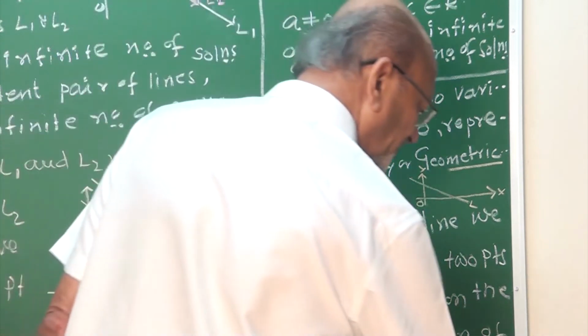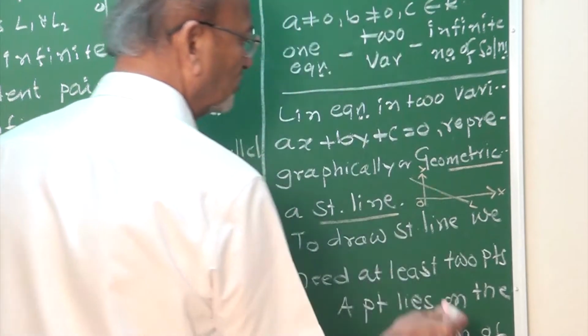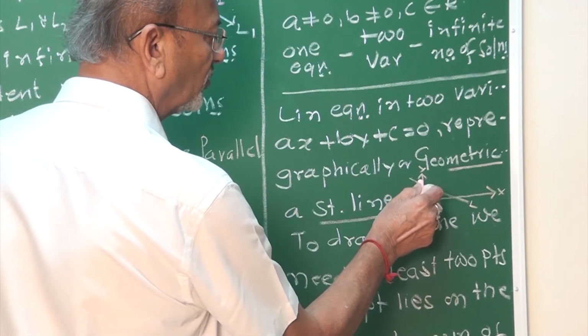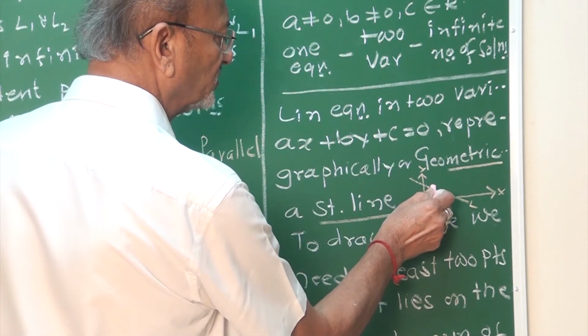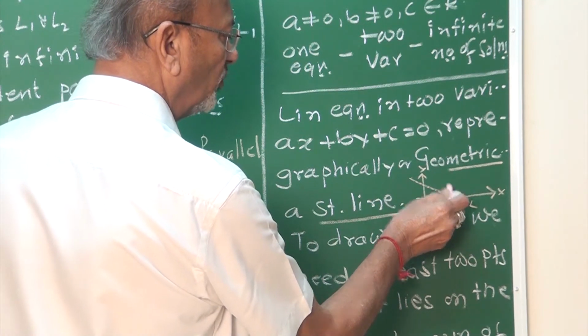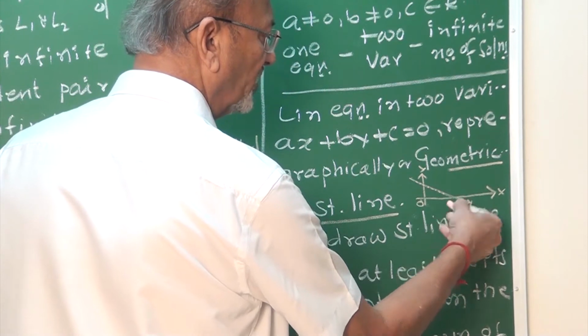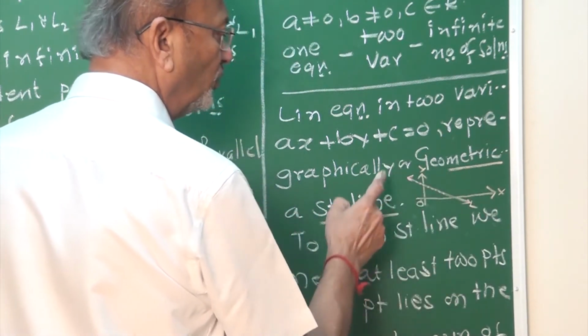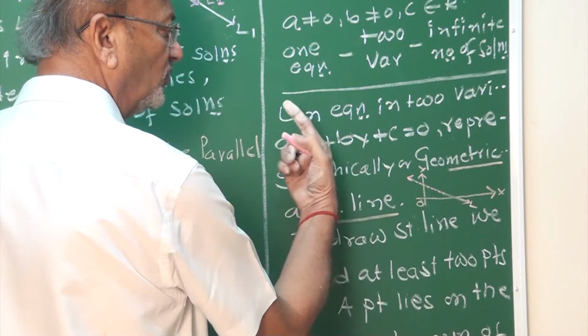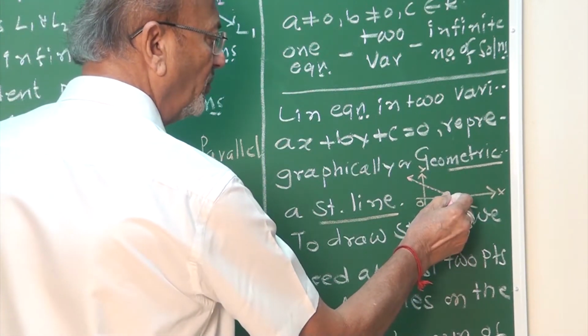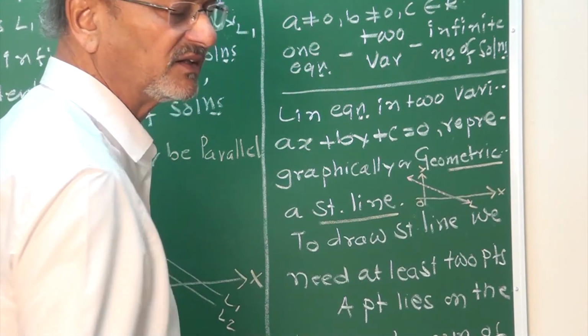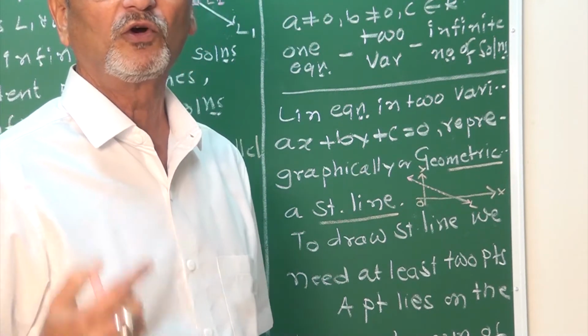There exist an infinite number of points on this. See here. How many points are there? Infinite number of points, because this straight line has no end. We mark it by two arrows. Arrows mean no end that side, no end this side. Then how many points are there on this line? There lies an infinite number of points on the line.